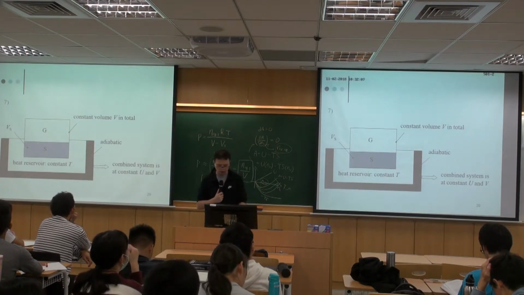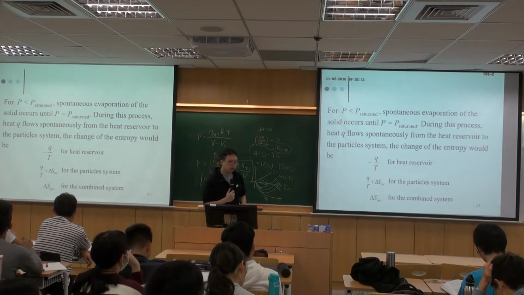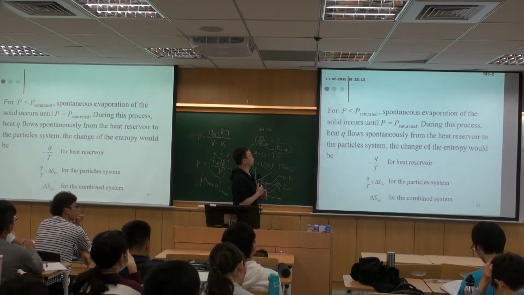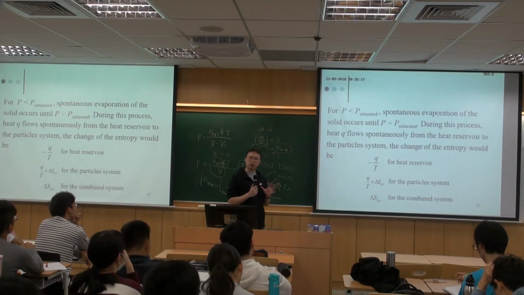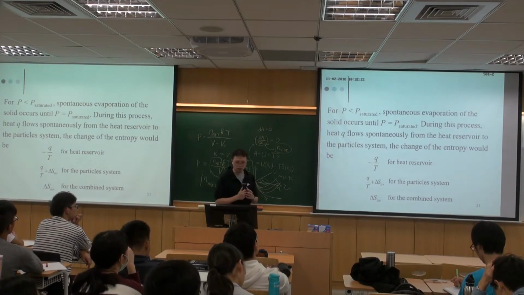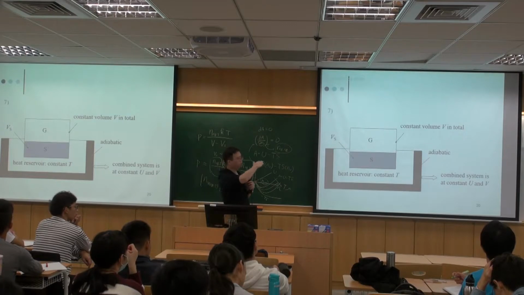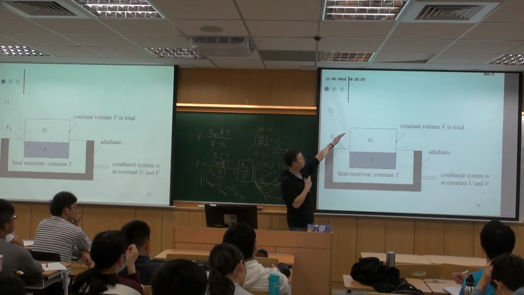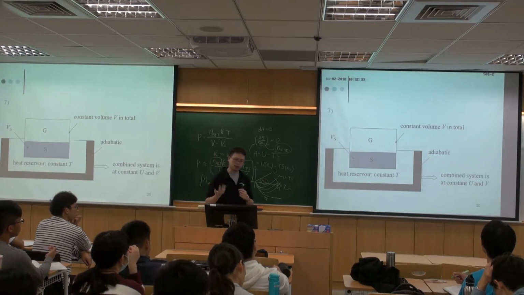But if you consider a different scenario, where at the beginning the system is in equilibrium and you suddenly change the pressure, for instance, you control a piston on top of it, or suddenly release the pressure by letting some gas out.